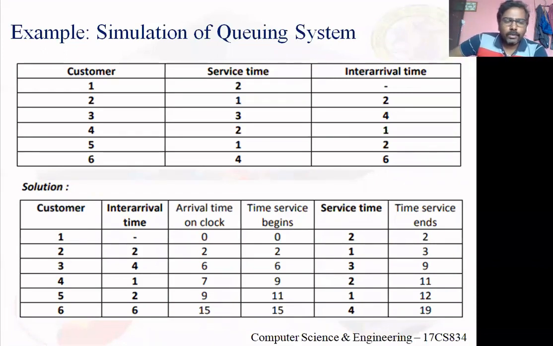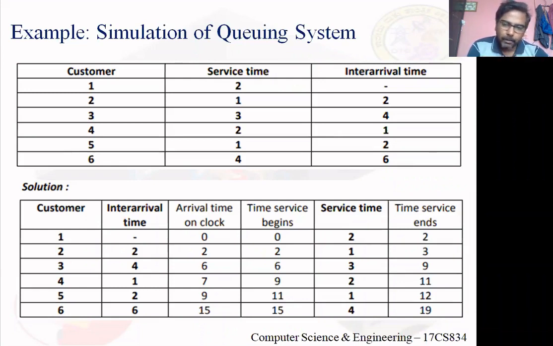Now coming to the second row, what is the inter-arrival time? It's 2. So the second customer arrives at time 2. Will the service begin immediately? Yes, of course, because the server was serving the first customer and that service finished at time 2.